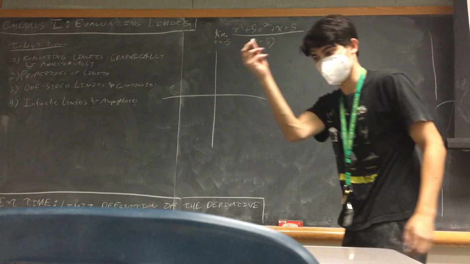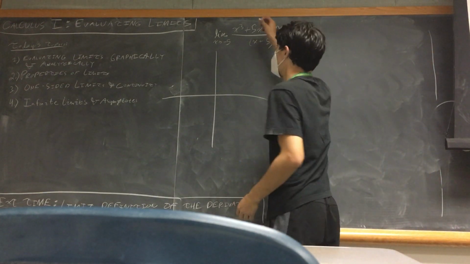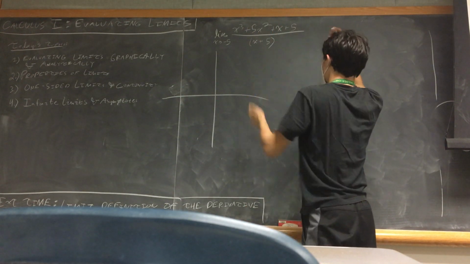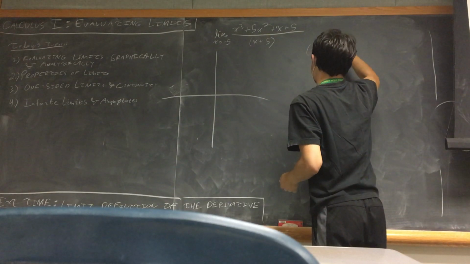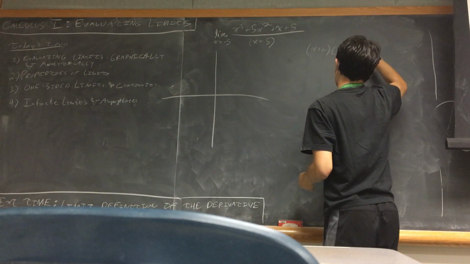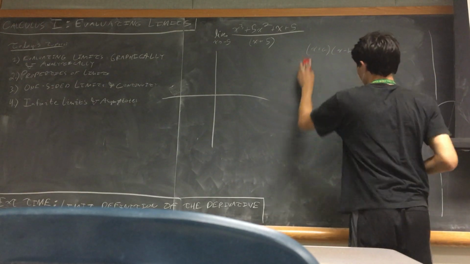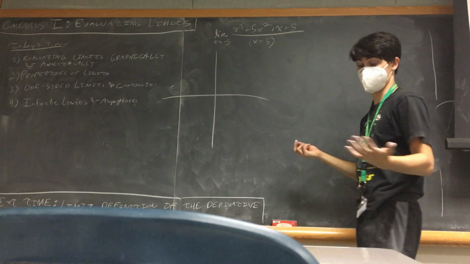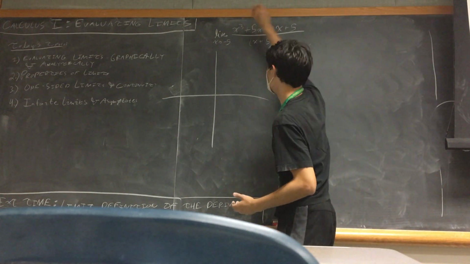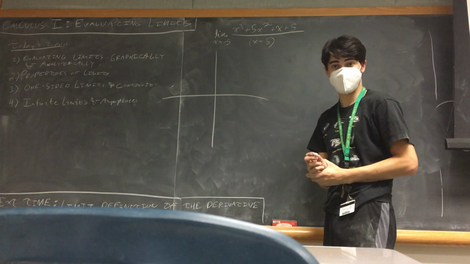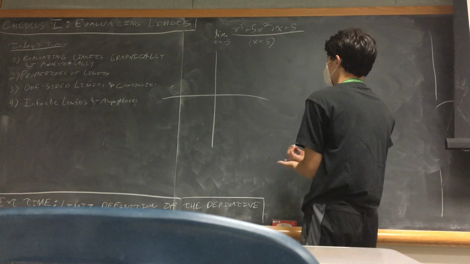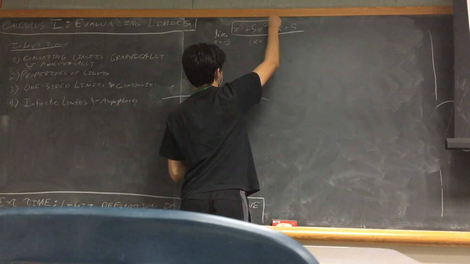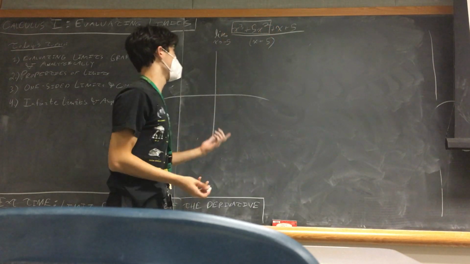Sorry, I needed to grab a new piece of chalk. What we're going to do is try to factor the top. Now, this one isn't one that you're just going to be able to factor as x plus a times x minus b from looking at ax squared plus bx plus c, because we have an x cubed, x squared, x, and 5. But how we can do this is we look at this part of the function here.